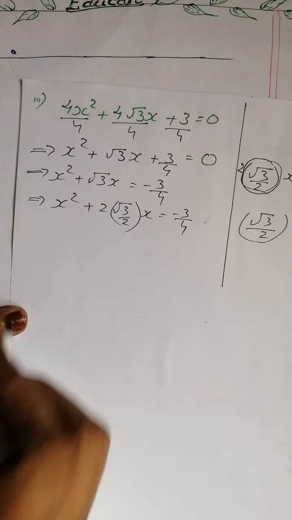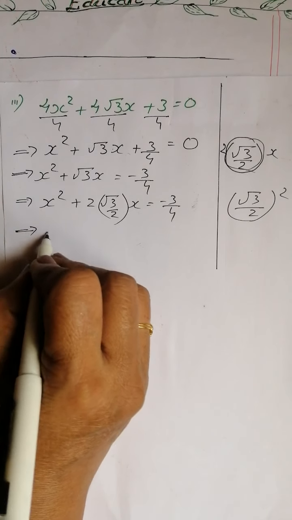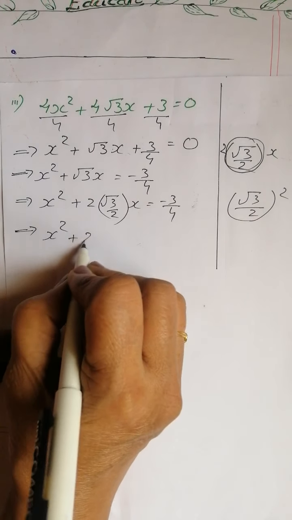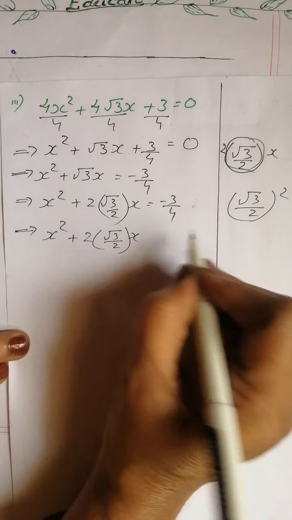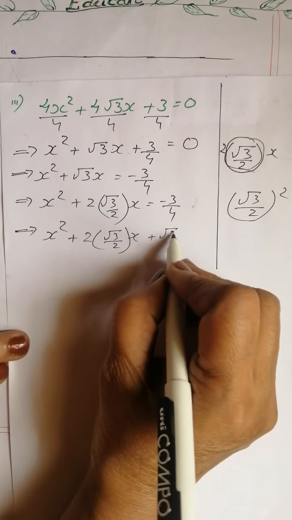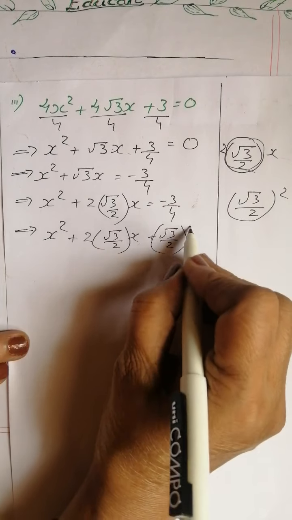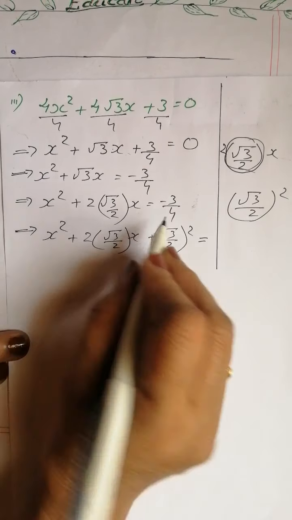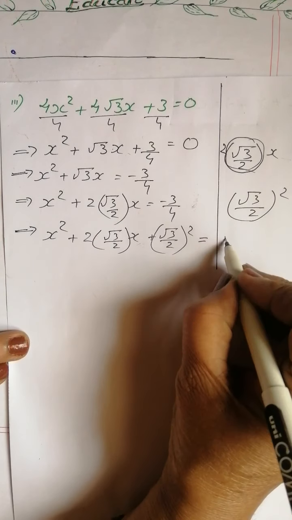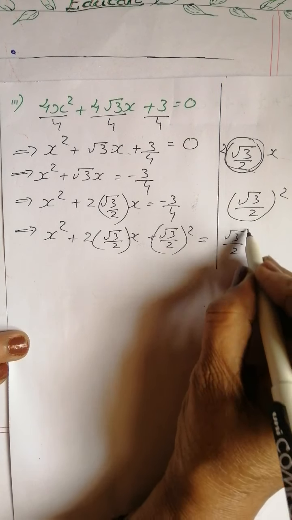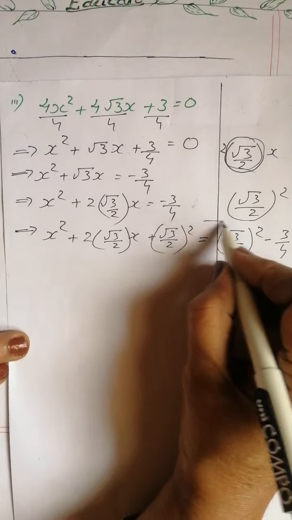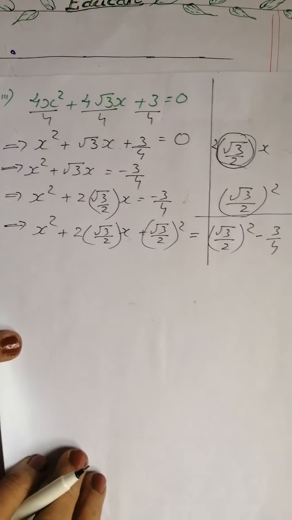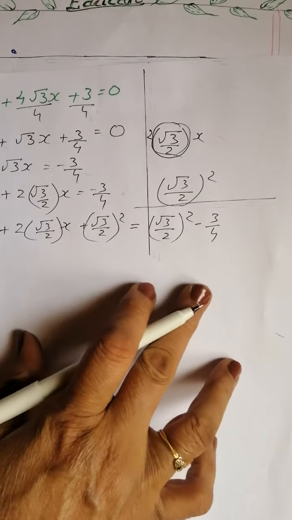So our equation will become x square plus 2 root 3 by 2 into x plus root 3 by 2 the whole square equals to minus 3 by 4, but I am putting this value first: root 3 by 2 the whole square minus 3 by 4. Got it up till here?